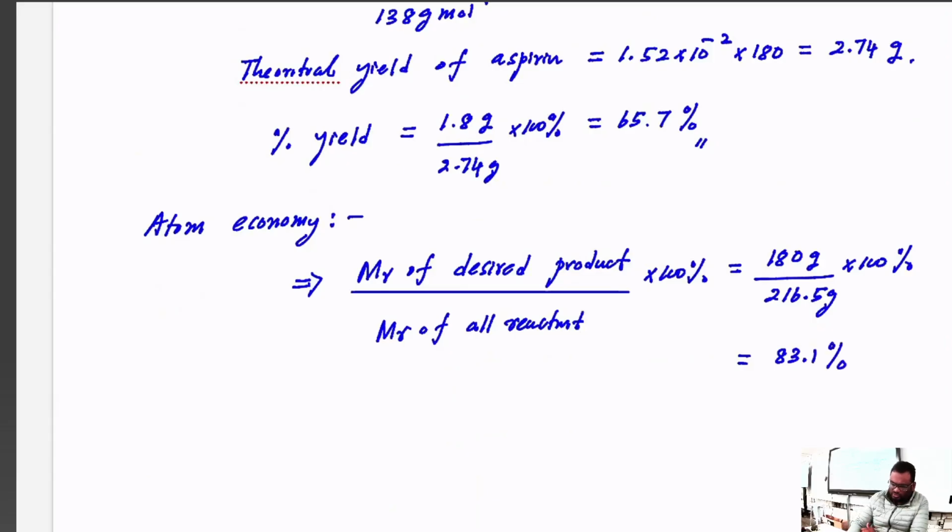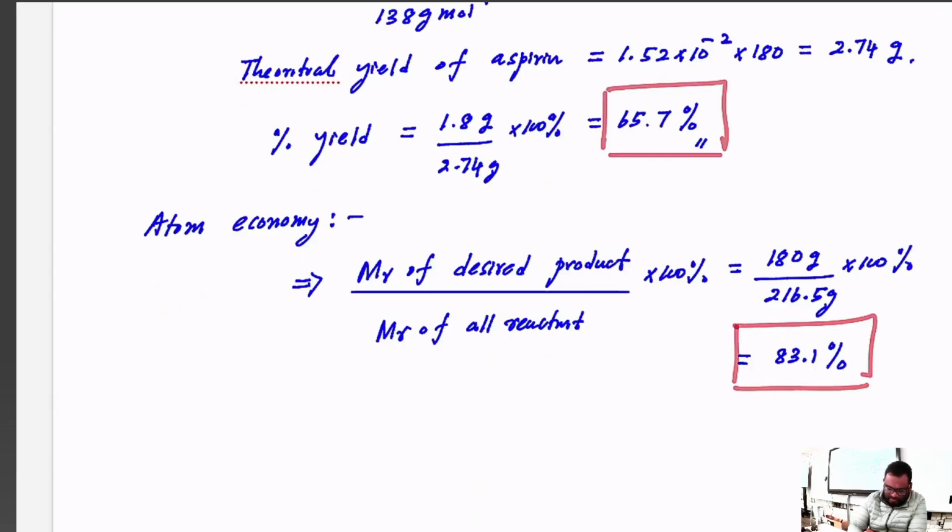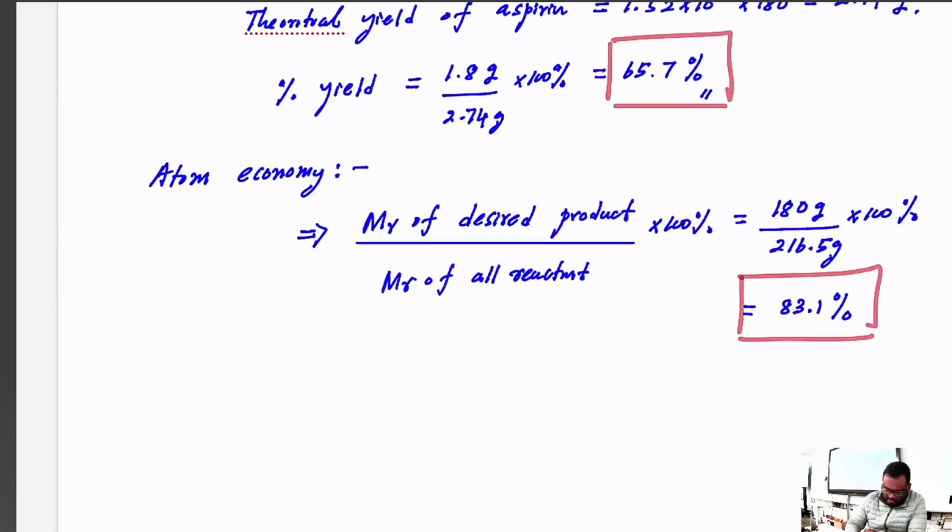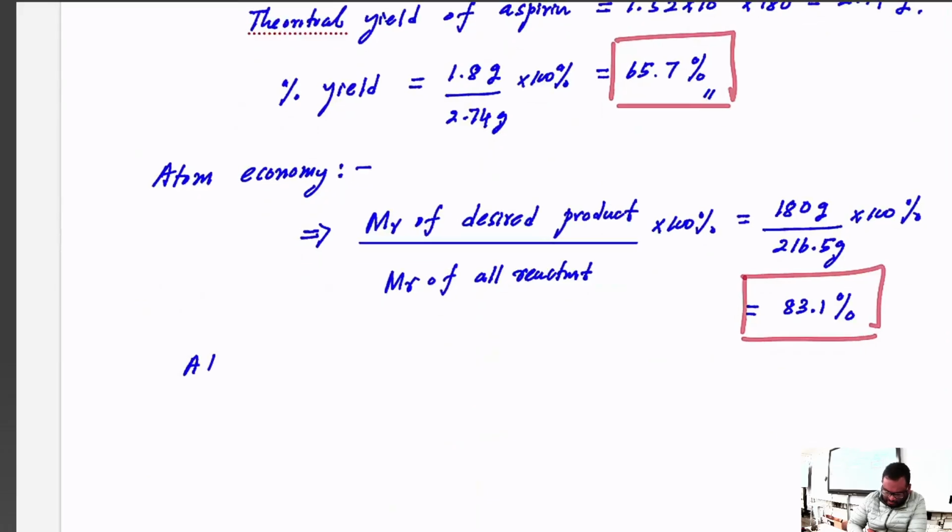Now if you go to the question, for A1, how much is the yield and how much is the atom economy?